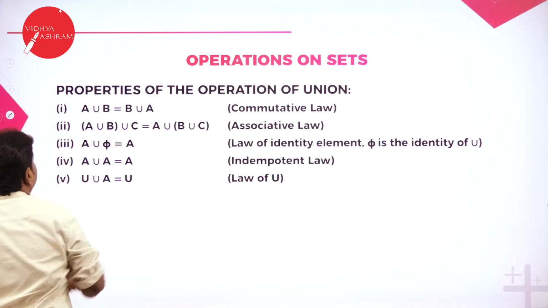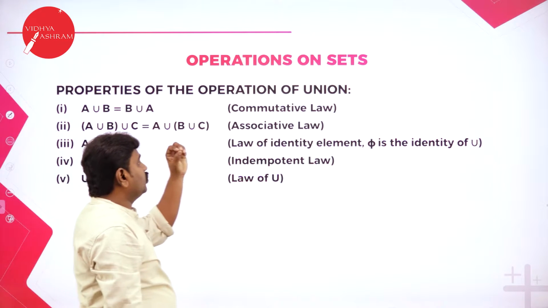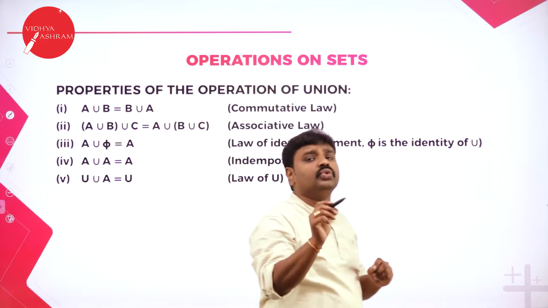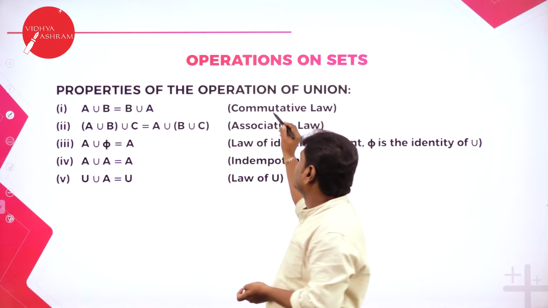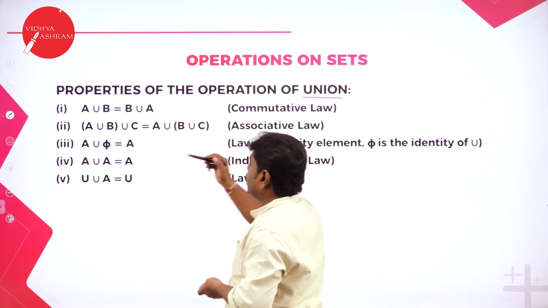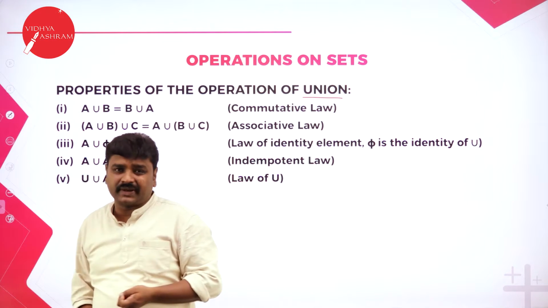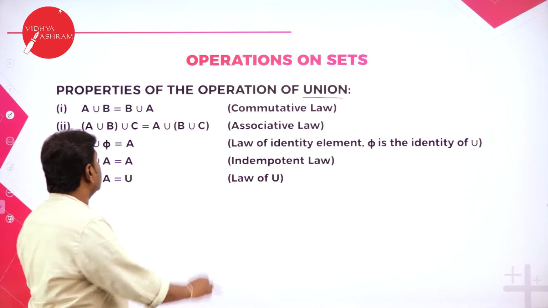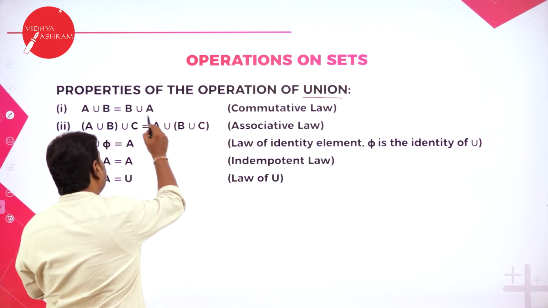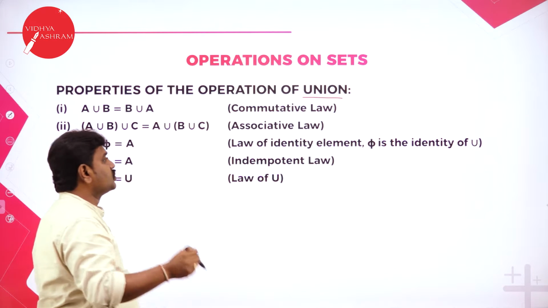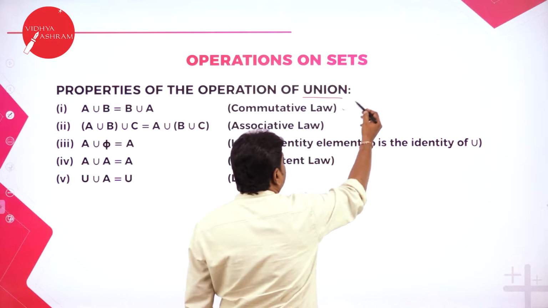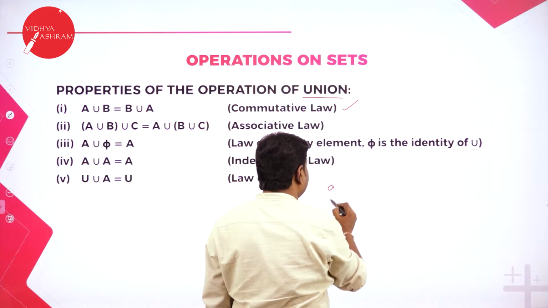Then we have properties of union. What are the properties? First and foremost, it is commutative. Union is commutative, means if you do A union B or B union A, you'll get the same.